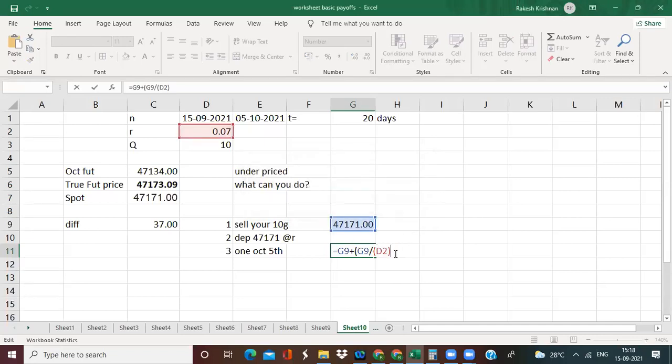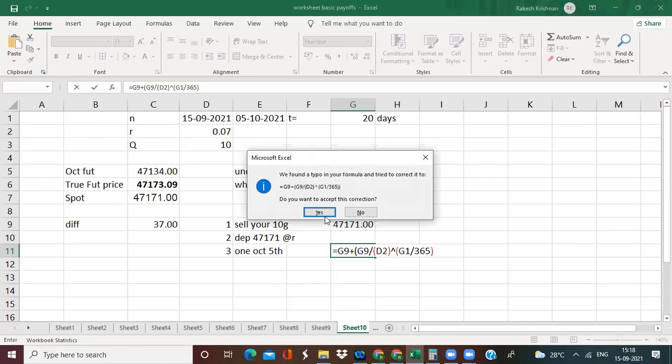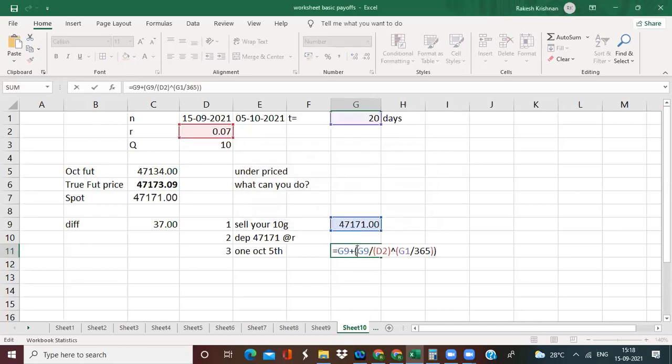R raised to 20 by 365. What is G9? G9 plus G9 divided by D2, into D. Something somewhere I missed.